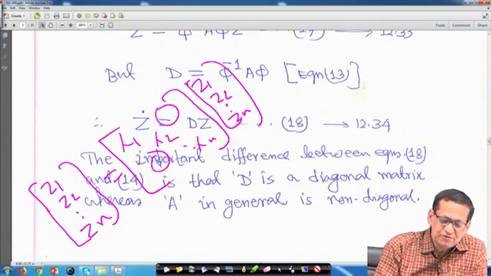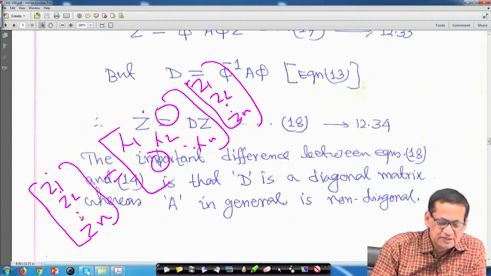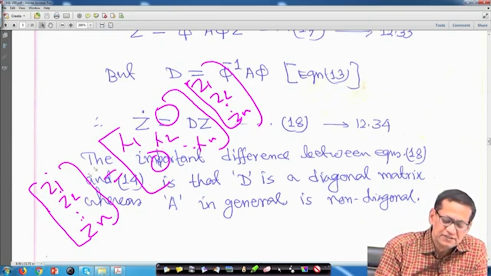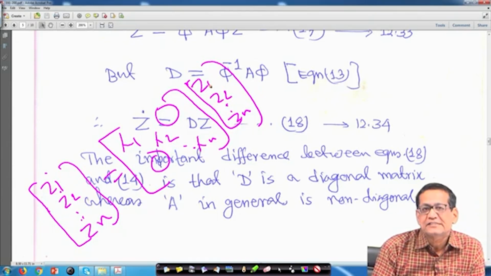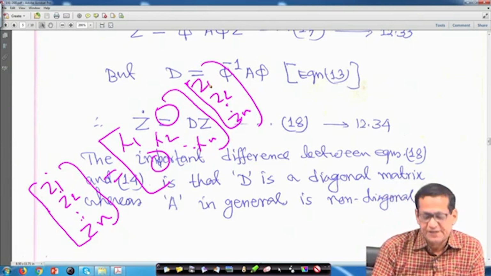Therefore, z 1 dot will be equal to lambda 1 z 1, z 2 dot will be lambda 2 z 2. So, z 1 dot is a function of z 1 only, no other z's are appearing. So, it is completely decoupled.